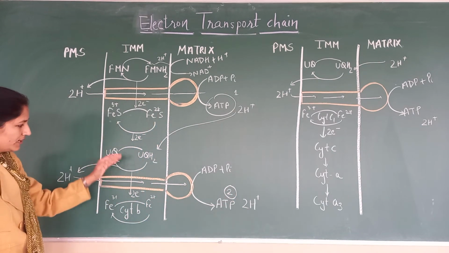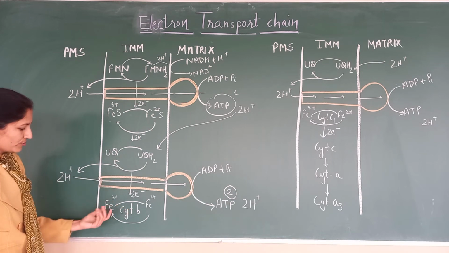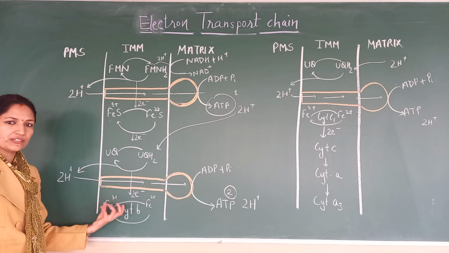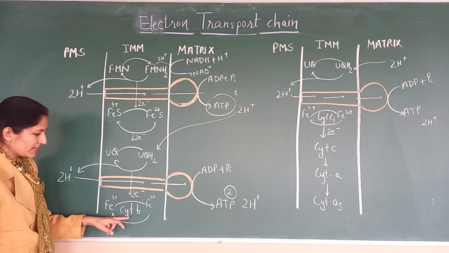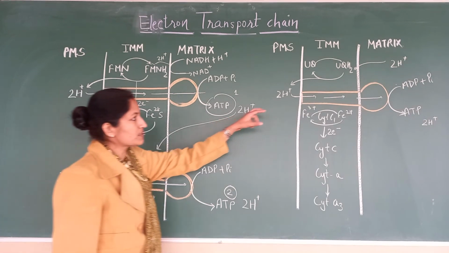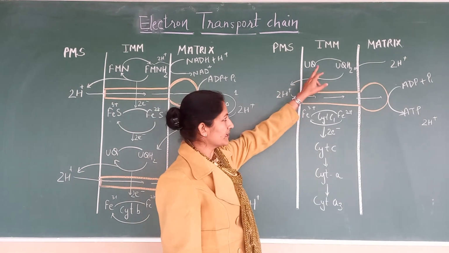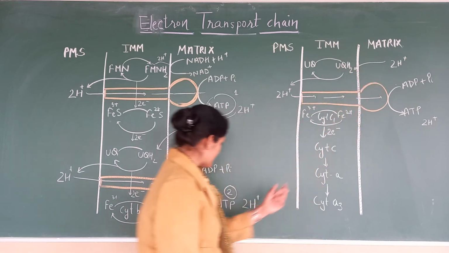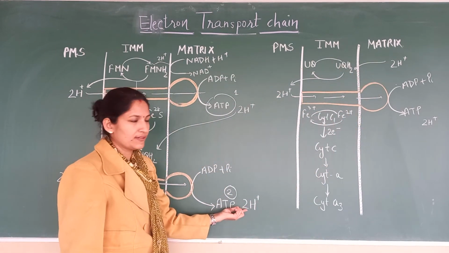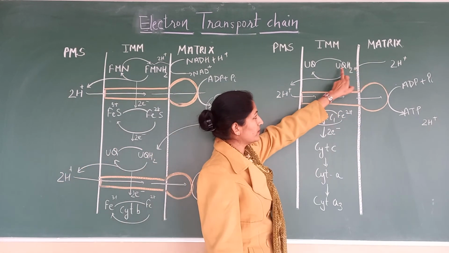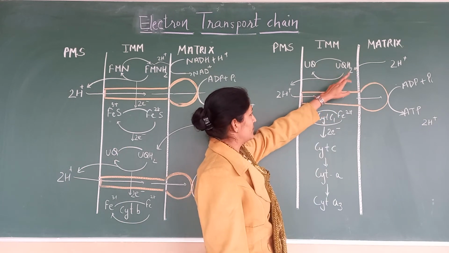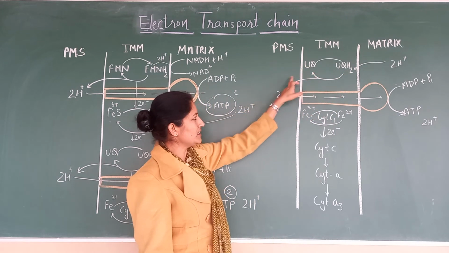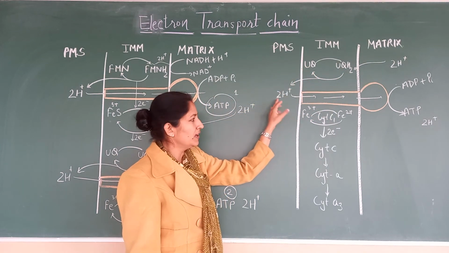The electrons from this UQ will move to the cytochrome B, which is associated with this iron sulfur structure. So cytochrome B afterwards, as it is a mobile carrier, again it is present. So these protons which are present in the matrix over here again get reduced to UQ to form UQH2, and while getting oxidized, it releases the protons into the space.